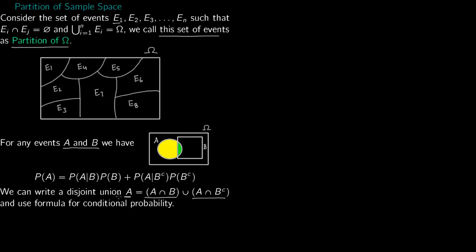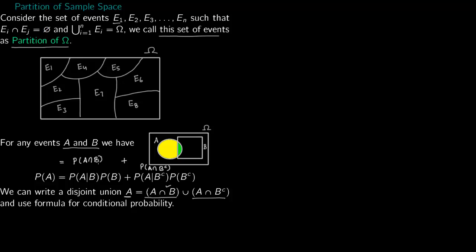So we were able to write this set A in two pieces, A intersection B and A intersection B complement, and both of them are disjoint. So you can say probability of A is equal to probability of A intersection B plus probability of A intersection B complement.